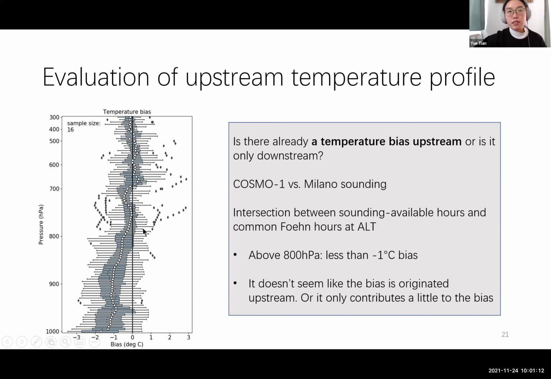And then you can say there is a cold bias, but it's quite small. I mean, it's less than 1 degree Celsius, but if you compare it to the previous cold bias we found in the valley stations, that's 3 to 4 degrees Celsius. So we could say it doesn't seem like the bias originates from upstream, or it only contributes very, very little to the bias in the valley.